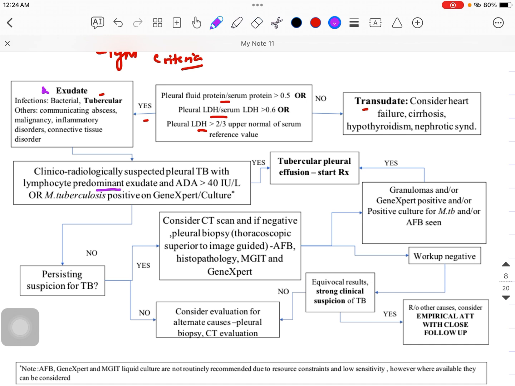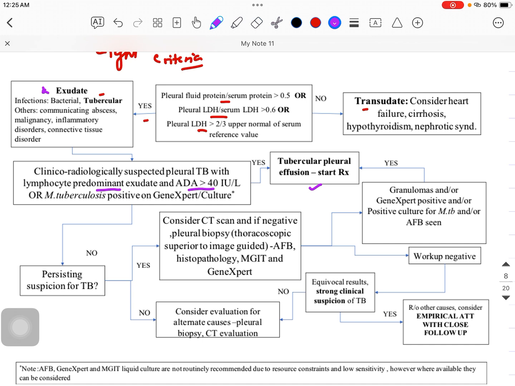So you will be doing the thoracentesis, you will be sending the samples to the microbiology lab, and in that case you see the counts over there. If it is lymphocyte predominant and ADA is more than 40, then probably it is tuberculosis, right? Start the anti-tubercular treatment drugs, ATT.